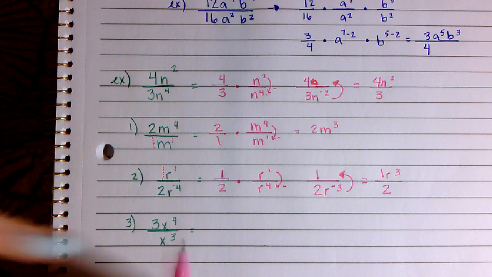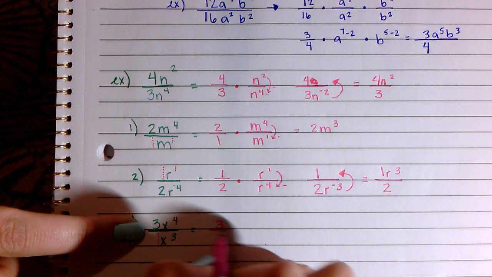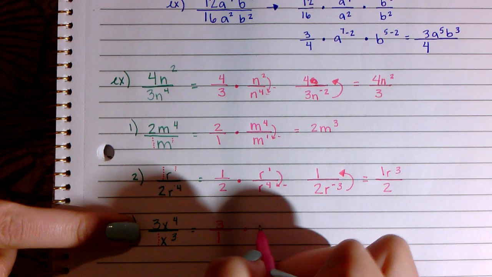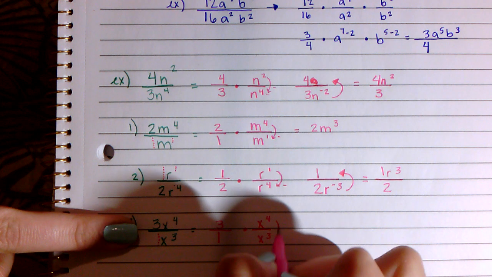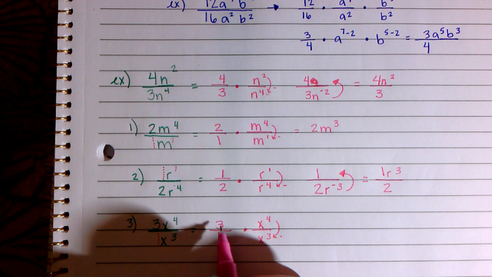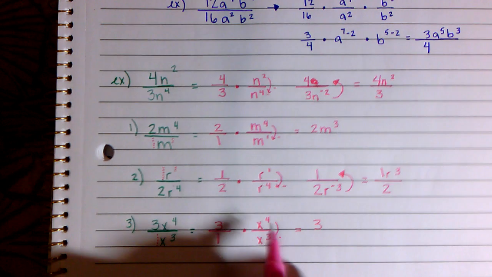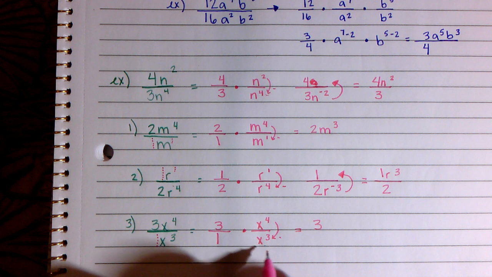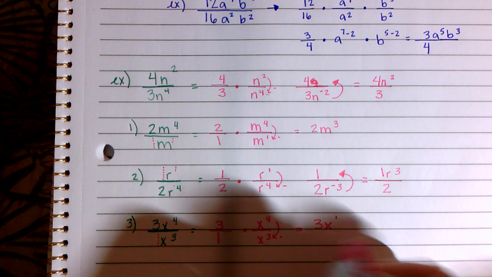But if you want to split it out, we do have an imaginary 1 right here. So we have our numbers, 3 divided by 1, and our letters, x to the 4th divided by x to the 3rd. And we're subtracting top minus bottom. So 3 divided by 1 is just 3. 4 minus 3 is just 1, which would just be x to the 1st.